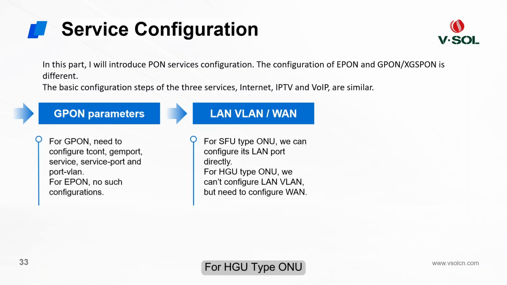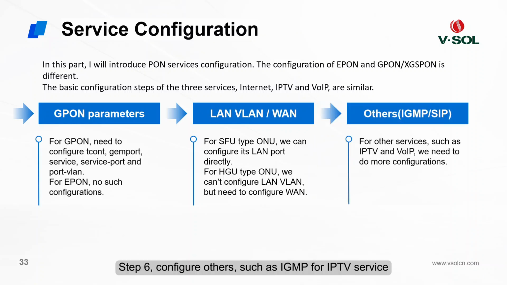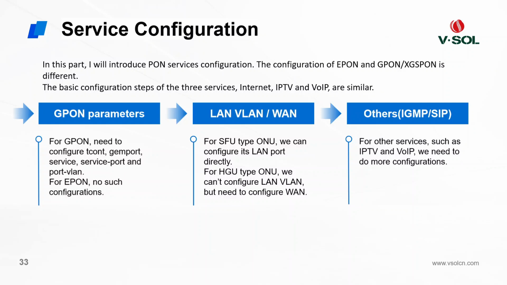For HGU type ONU, we can't configure LAN VLAN, but need to configure WAN. Step 6. Configure others, such as IGMP for IPTV service, SIP parameters for VoIP service. Next, I will introduce these configurations.